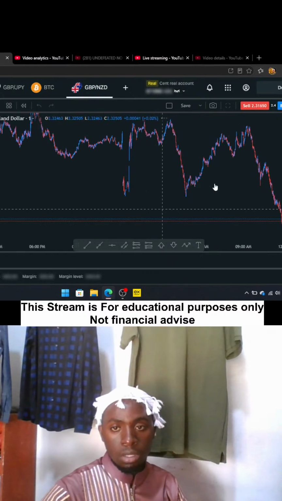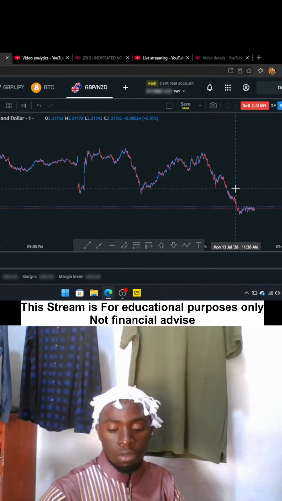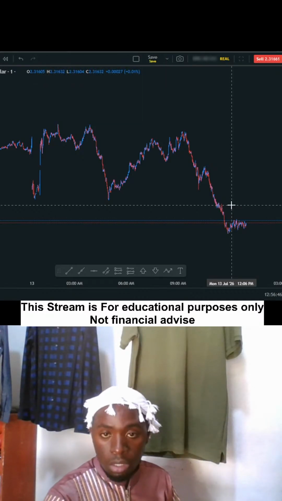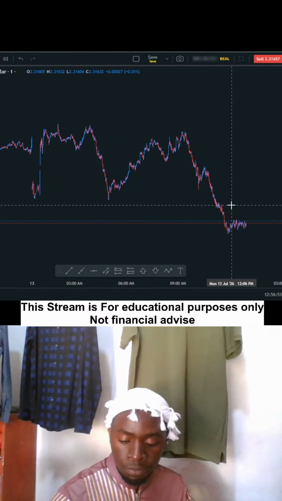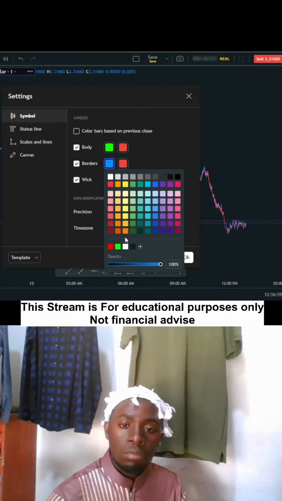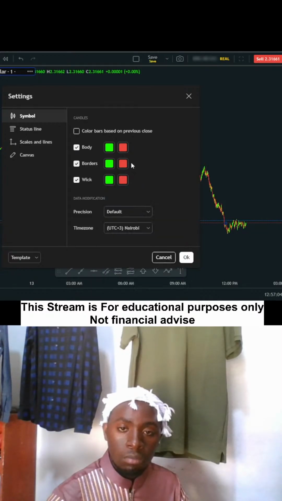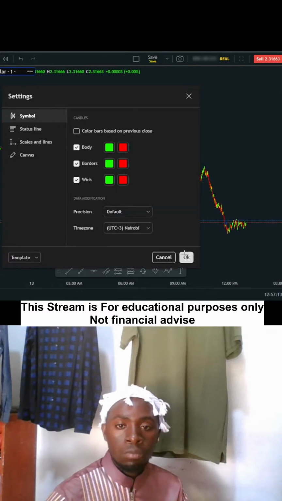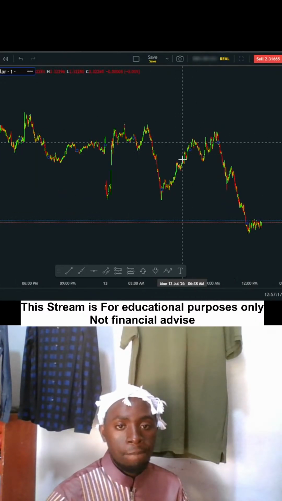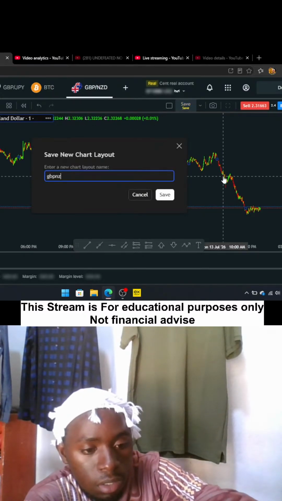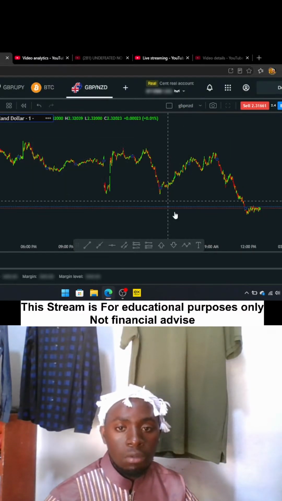Let's see what's up with GBP Nasdaq. This is GBP Nasdaq right there.